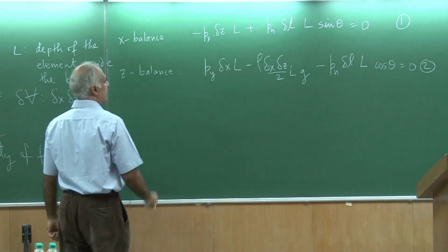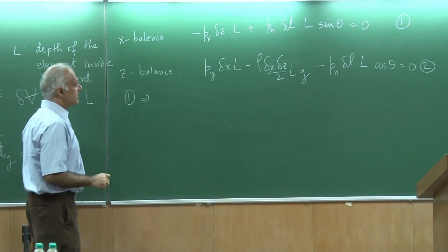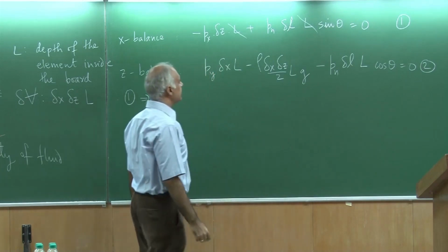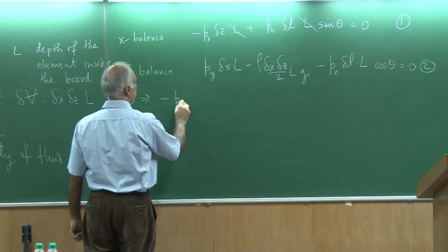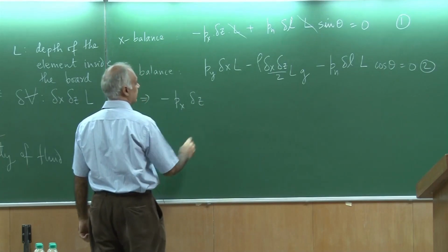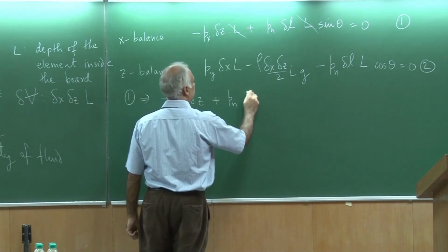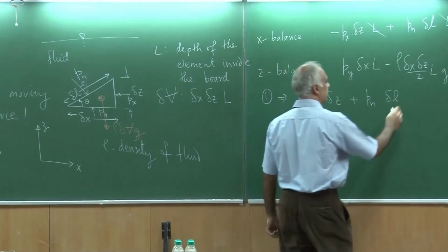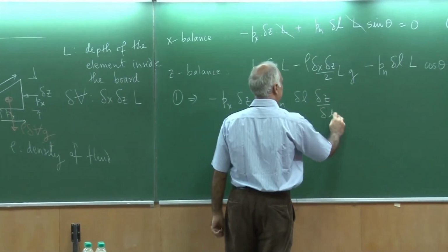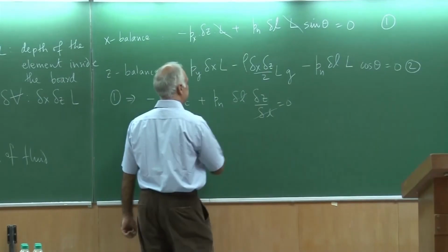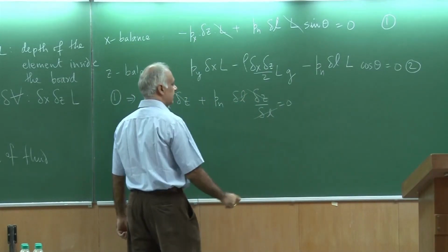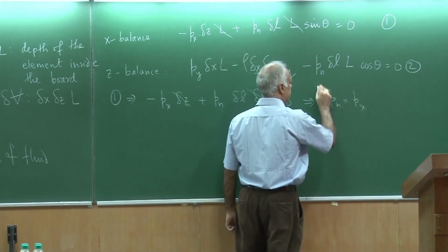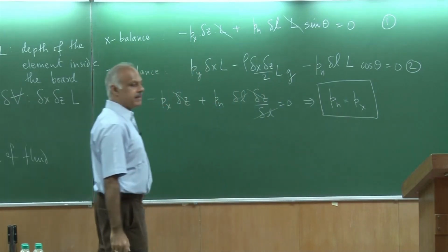All right, what does equation 1 give me? So equation 1 implies that, maybe I will get rid of this, and I see minus Px delta z plus Pn delta l, and for the sine theta I can write this as delta z by delta l, equal to 0. So these cancel out, and this implies I have Pn equal to Px. Okay.